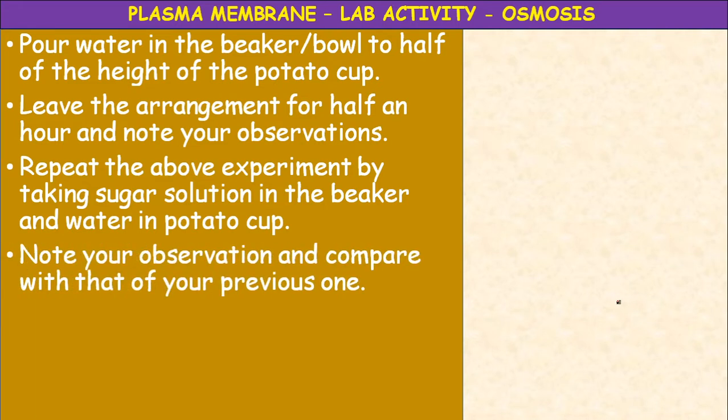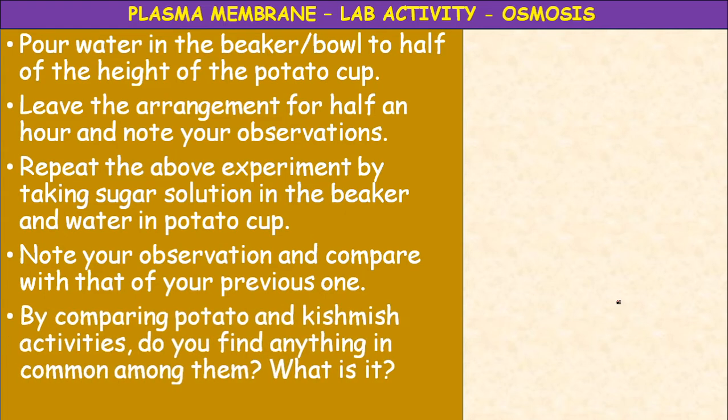Note your observation and compare with that of your previous one. So we are conducting two experiments simultaneously, two lab activities. By comparing the potato and kishmish activities, do you find anything in common?